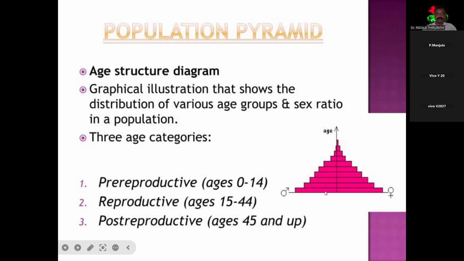At the base of the pyramid is always the pre-reproductive age, and at the top is always the post-reproductive age. These population pyramids may be different in different organisms, populations, and countries. In different areas these structures may vary and are not always upright.